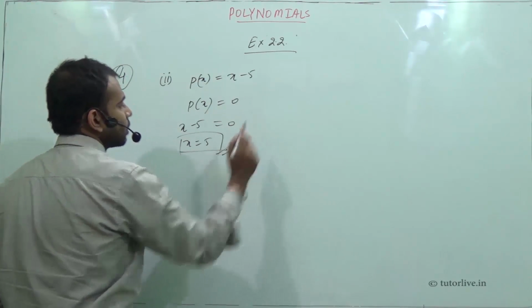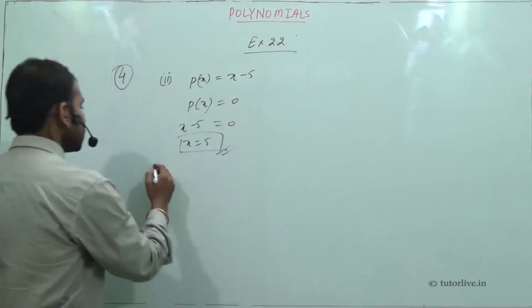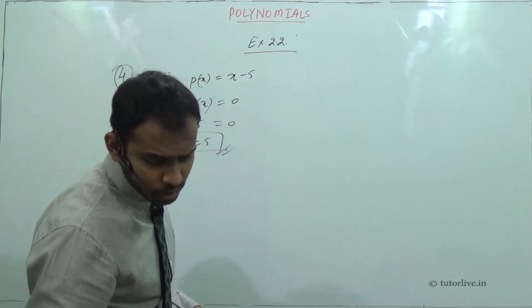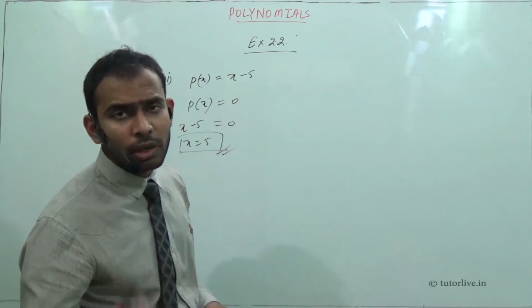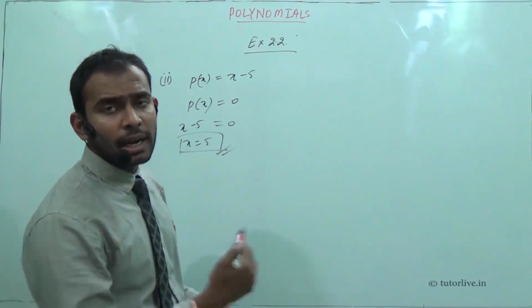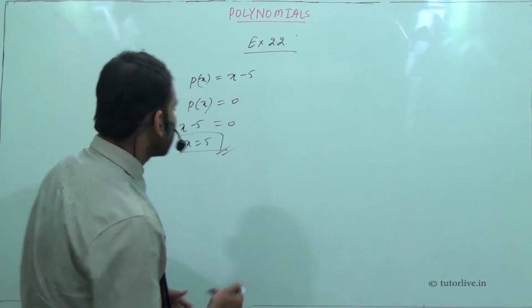So this is the required 0 of a polynomial. Third is easy, fourth it's also easy. You will equate 3x minus 2 equal to 0. So 3x is equal to 2 because 2 will move on to the other side, and then x is equal to 2 upon 3.